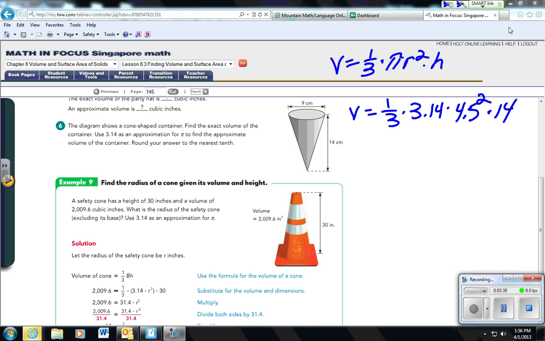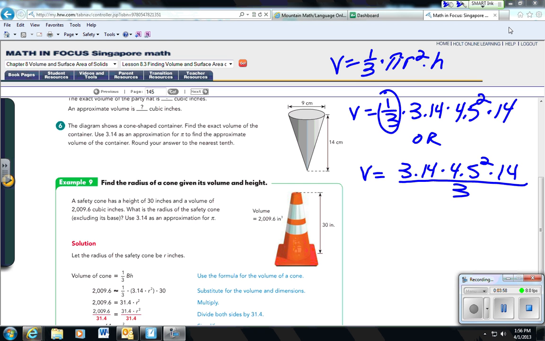So now we just do all of this multiplying. 1/3 times 3.14 times 4.5 squared times the 14. Or if you don't like multiplying by 1/3, you can do volume equals 3.14 times 4.5 squared times 14, and all of that would be over 3. So you're either multiplying by 1/3 or you're dividing by the 3. Both will give you the same answer.